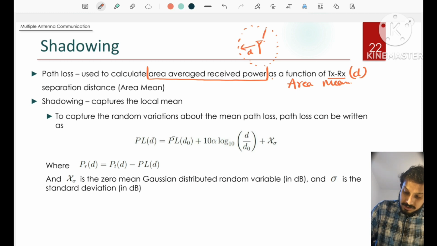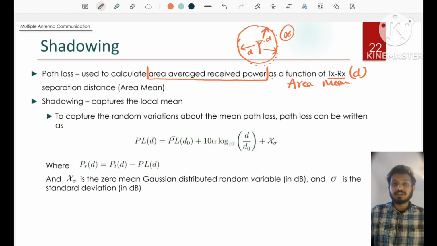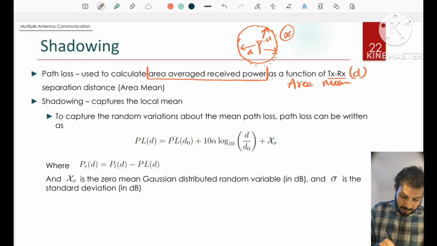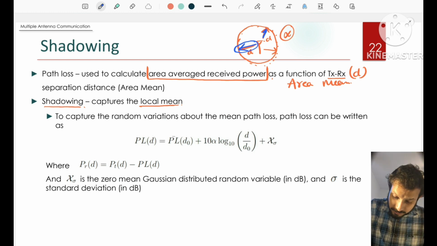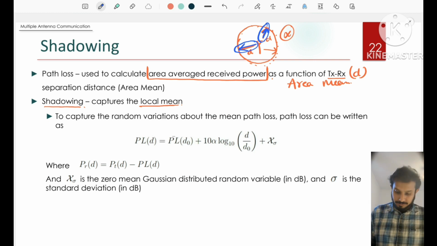For the whole area, a single path loss exponent alpha can be used. Whereas shadowing captures the local mean. For example, in this direction, if we had to capture the local variations, they are captured by the shadowing model. Or in this direction, we need to capture the local variation, and this is captured by the shadowing model.